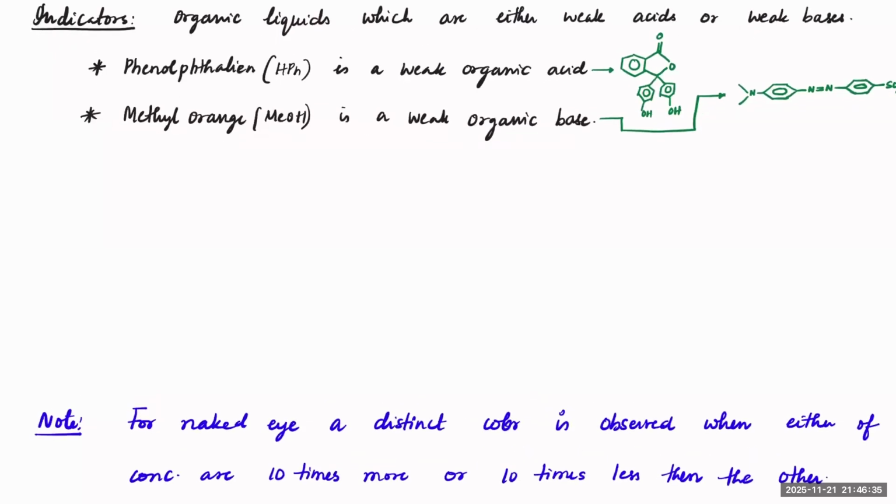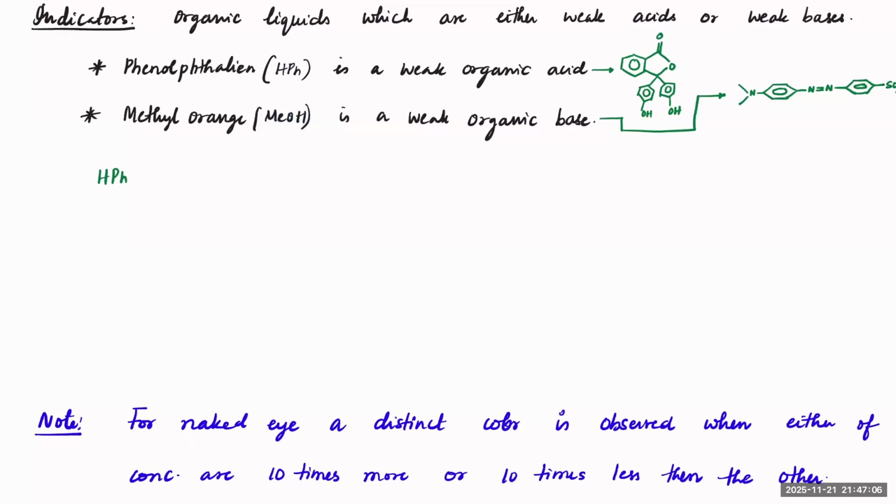As soon as you add, what you will realize is HPH. HPH is a way to write this entire thing. In short, we are writing it as HPH. H as in acidic part, Ph as in the conjugate base part. Here, MeOH, the base part, I'm writing it as OH minus, and the rest of the part is Me. This is just for our understanding, we have written it as MeOH.